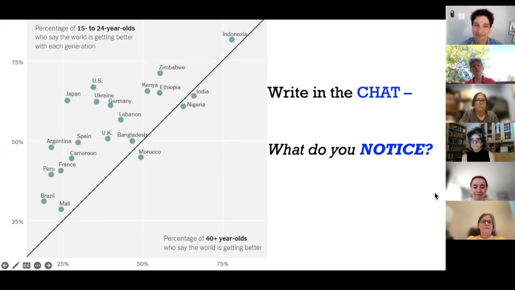I think one of the things is you see the United States on here, and in general, the teenagers seem to be relatively optimistic, and the parents don't seem to be. And what other countries are like that? Ukraine. Of course, this was done before the war started. Okay, Japan, Germany. Other than Ukraine, Germany and Japan are very developed countries. Okay, why is that? And I think that would be worthy of a discussion in class.